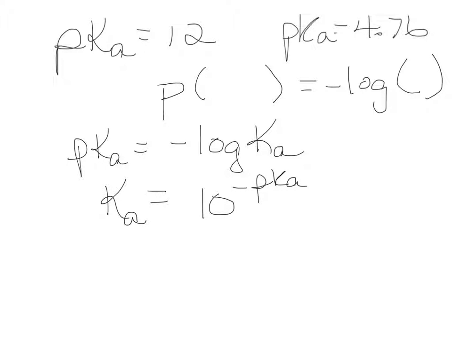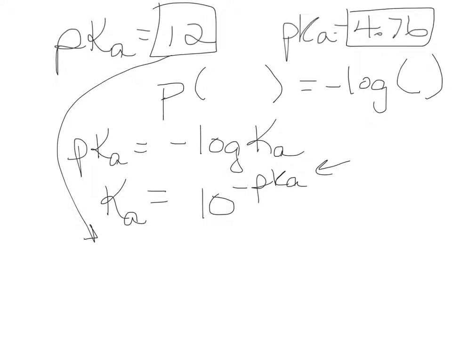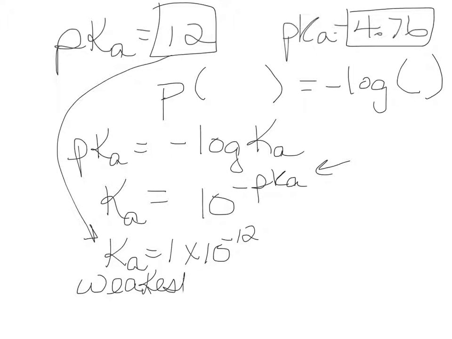So now let's convert those pKa's on the previous page, 12 and 4.76, to Ka values. So for pKa of 12, that would mean the Ka is 1 times 10 to the minus 12. That is the smallest Ka value so far, weakest acid.